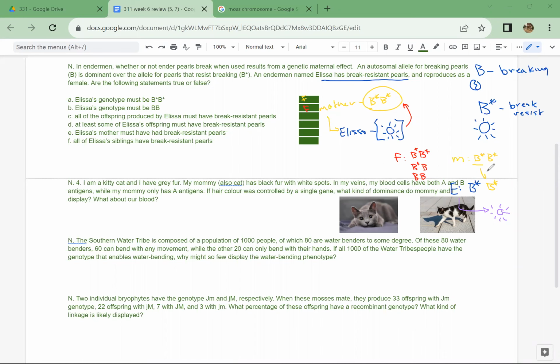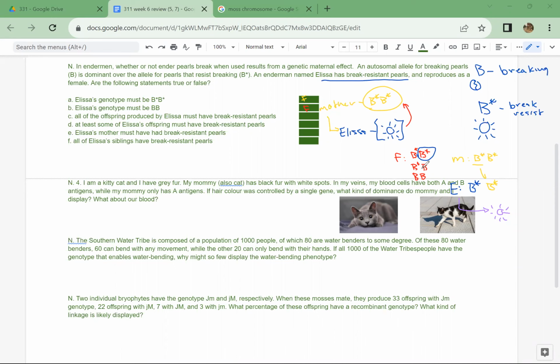So let's see, is this the only genotype Elisa can have? Well, we know that it's not, because Elisa's father could have been any of these genotypes and therefore could have passed on this B star, resulting in the genotype that will be transferred to her offspring.